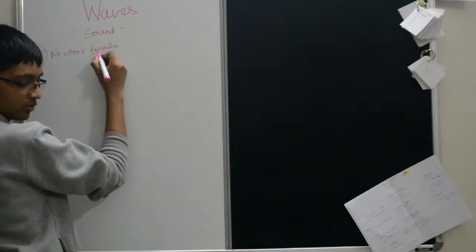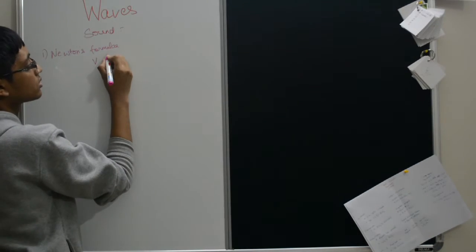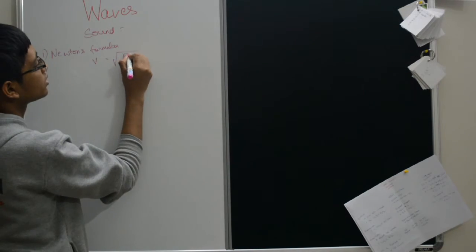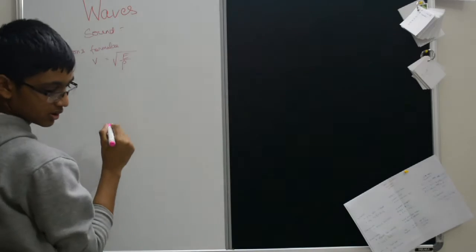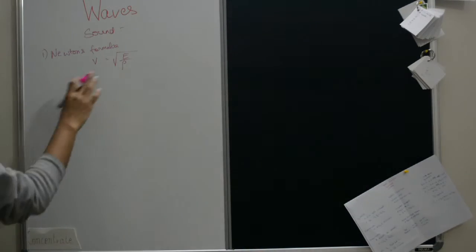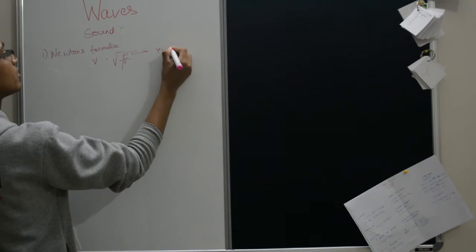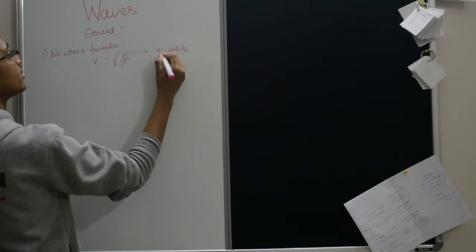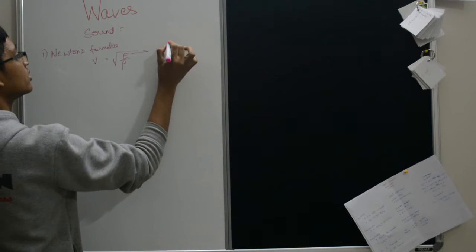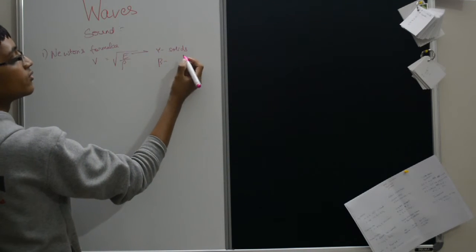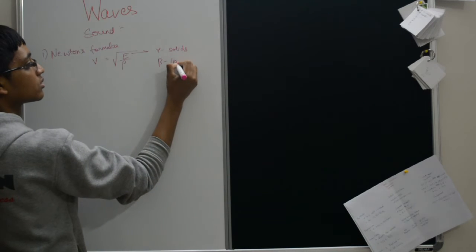Now in Newton's formula, you have v = √(elasticity/density). This elasticity can be Y, the Young's modulus, for solids, or β, the bulk modulus, for liquids.